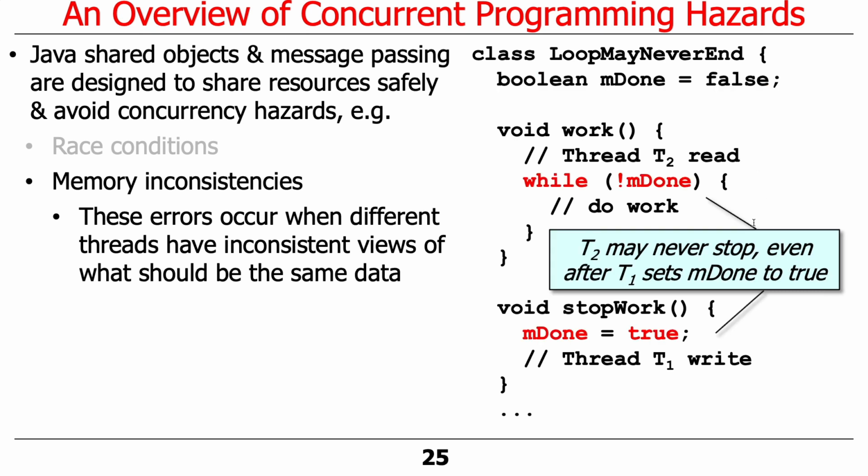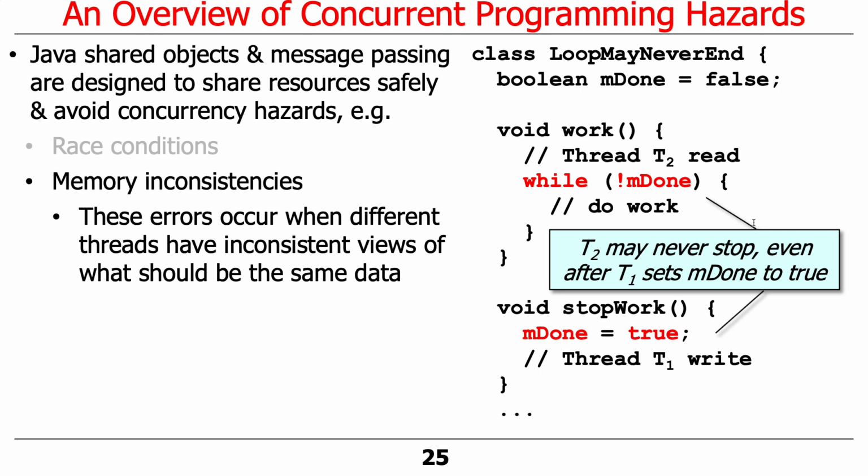Here's the work method, and thread T2 is going to read the value of mDone. It'll be in what's called a tight loop, reading the value of mDone sort of obsessively until it's told that mDone is true, in which case it'll stop. So that's what it's trying to do.